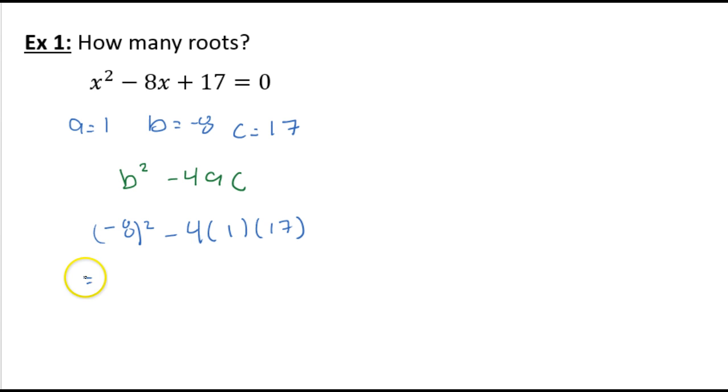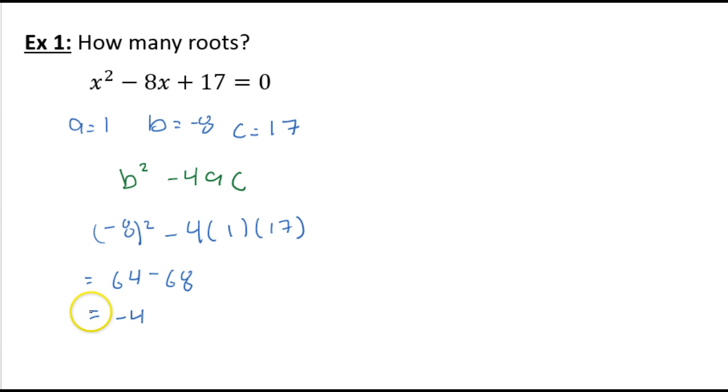So if we work this out, we actually get 64 minus, so if we multiply out -4 times 1, we get -4. And -4 times 17 is -68. So we're going to go ahead and write that -68. This gives us, when we evaluate, a -4.